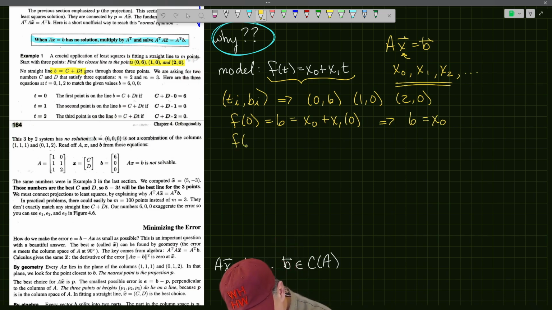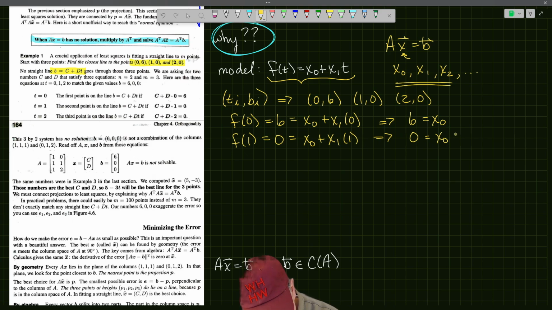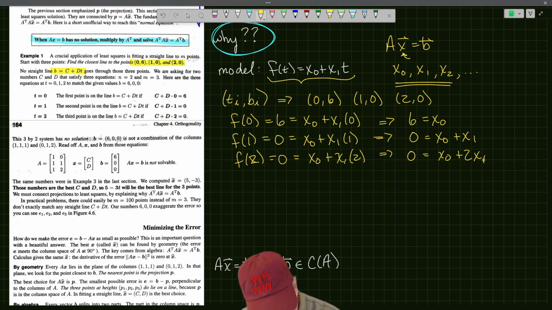So the next one, f at 1 is equal to 0 is equal to x0 plus x1 times 1, which gives us 0 is equal to x0 plus x1. And then finally, f at 2 is equal to 0 is equal to x0 plus x1 times 2. And of course, that's going to give us 0 is equal to x0 plus 2x1.